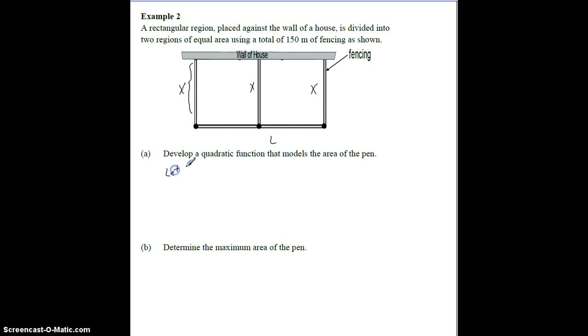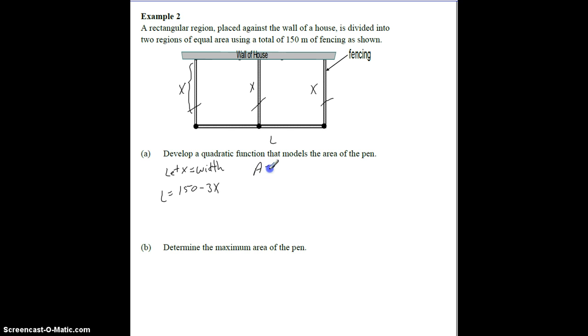So let x equal the width, and then the length. We only have 150 meters of fencing to start with. Let's take away our three widths, 1, 2, 3. So take away our three widths, and this is what we would have for our length.